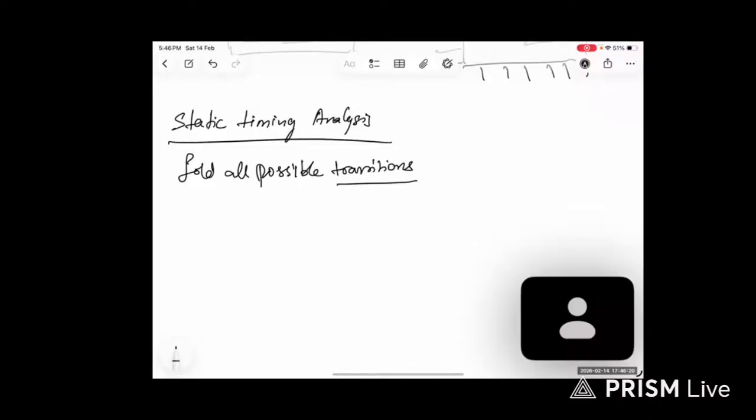All possible transitions are considered into a single cycle. What this means is that in a single clock cycle only, you are going to check whether you are able to meet your timing or not. That is the first assumption or first target that we are setting up for doing static timing analysis.